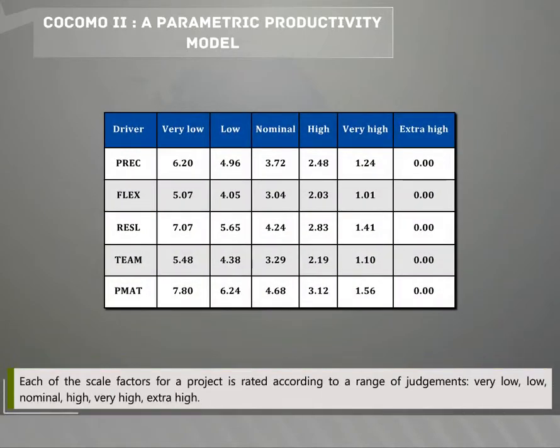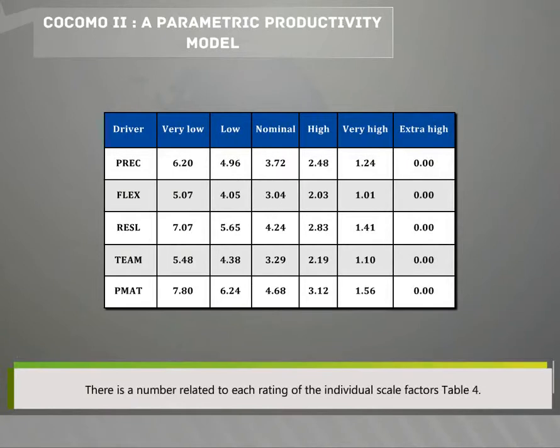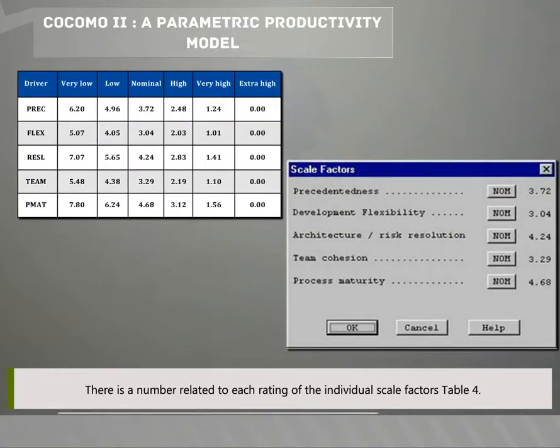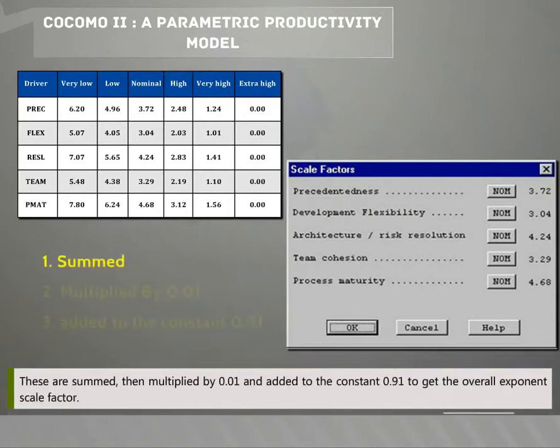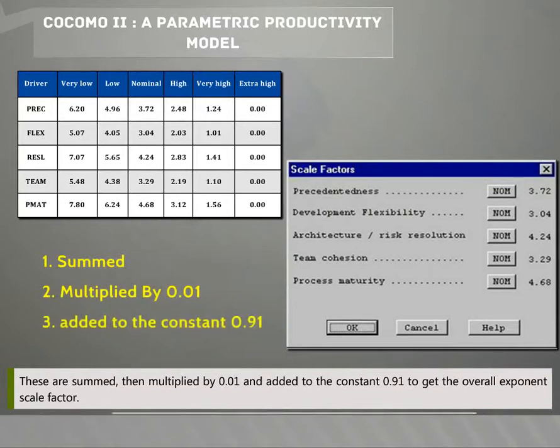Each of the scale factors for a project is rated according to a range of judgments: very low, low, nominal, high, very high, extra high. There is a number related to each rating of the individual scale factors, Table 4. These are summed, then multiplied by 0.01 and added to the constant 0.91 to get the overall exponent scale factor.